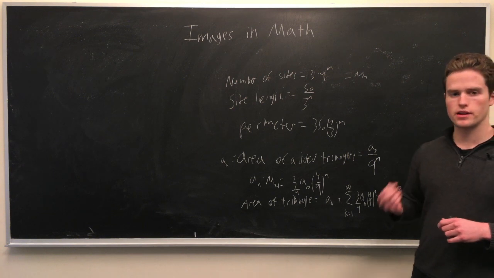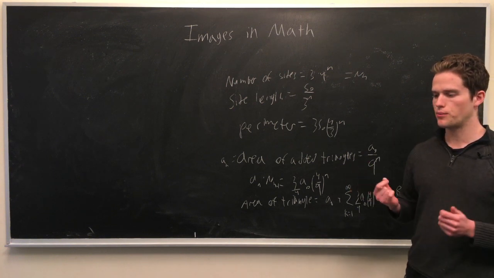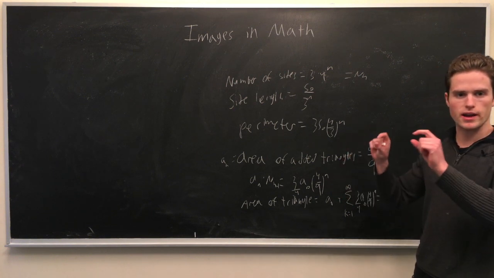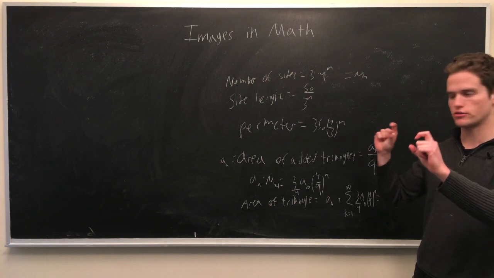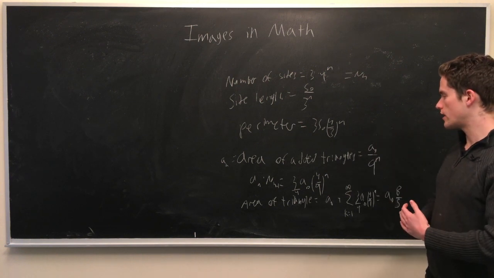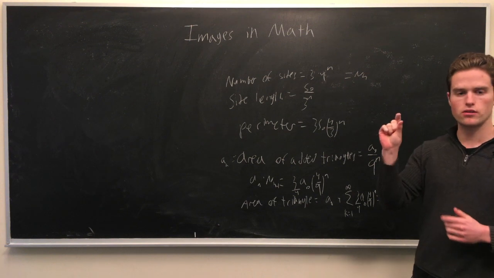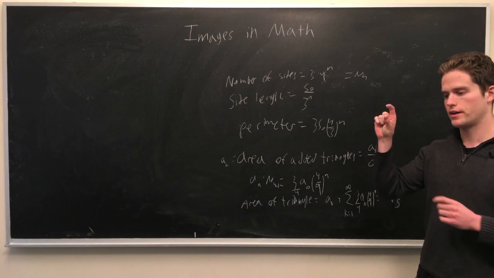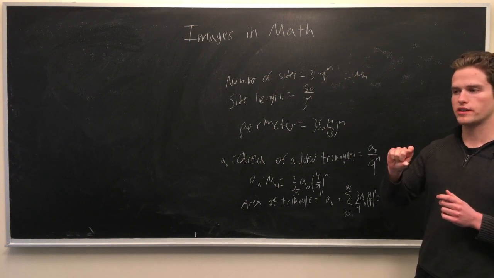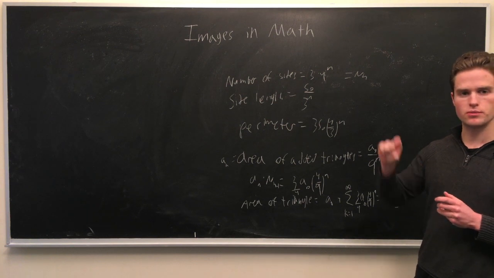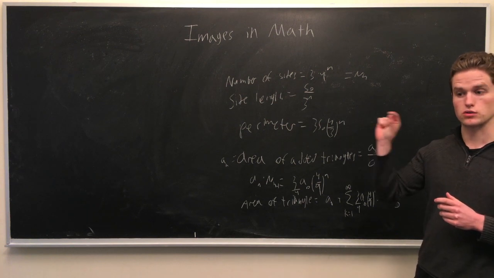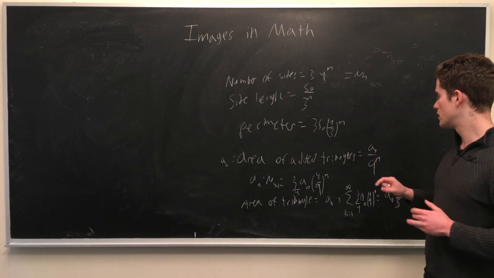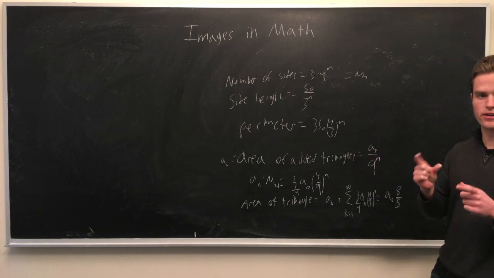One way to calculate the area is to note that each time we move forward in our procedure, we add the area of so many new little triangles. The new triangle is built on the edges of the previous little triangles, but it's 1/3 the edge length, so it's 1/9 the area. So each time we get 1/9 the area of each little triangle.